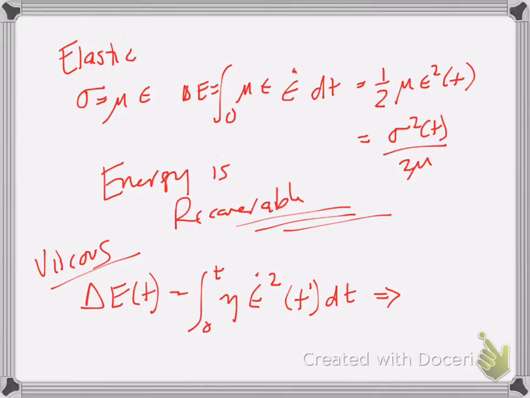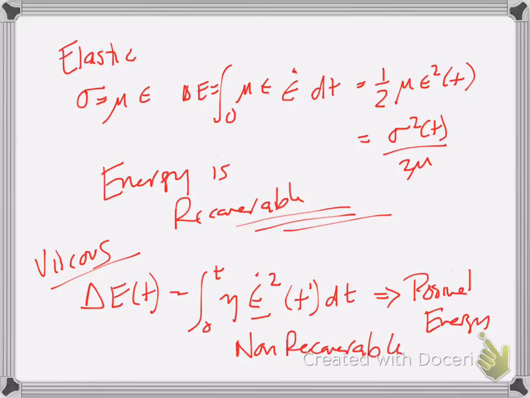If there's any kind of deformation happening, then this will always be a positive energy in the end. So the squared means that whether we are going faster or slower, if we do the strain rate in a positive direction and then in a negative direction, because we square it, this is non-recoverable energy. So you always lose energy with the viscous process.